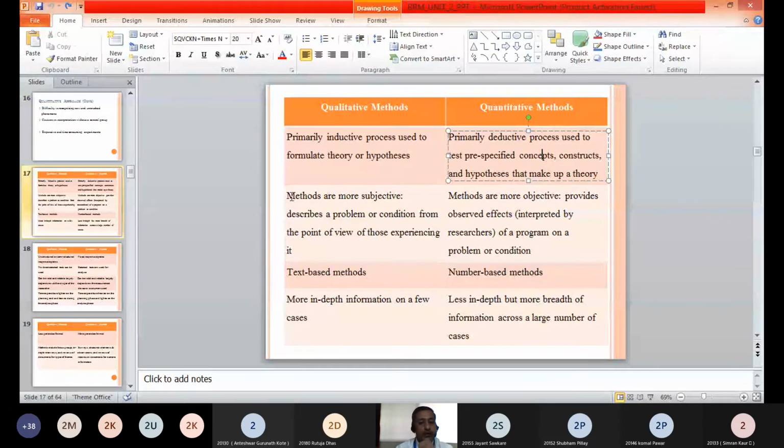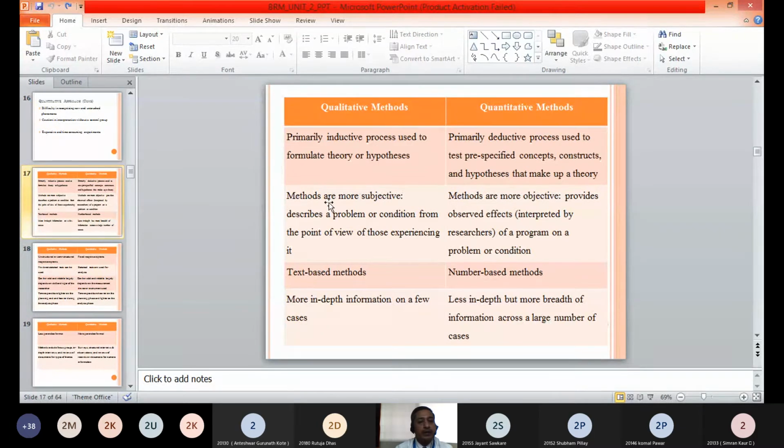Okay, then going ahead, the next point is that qualitative methods are more subjective or more descriptive. They describe a problem or condition from the point of view of those experiencing it. The sample of respondents we are studying are those who are actually experiencing that particular problem or are in that particular situation, and we are trying to get information from those people in qualitative method.